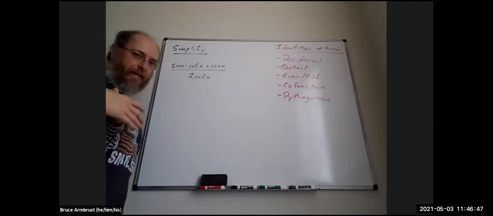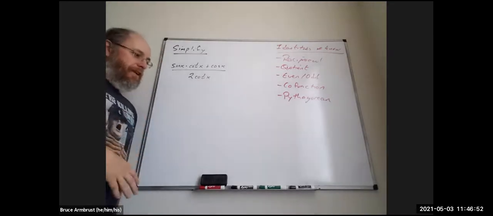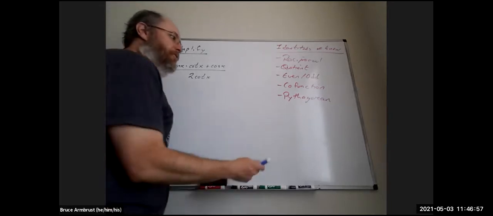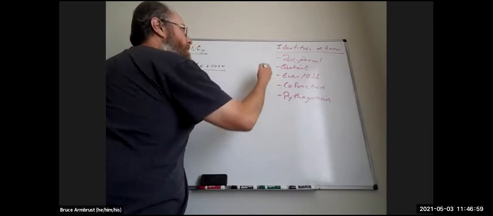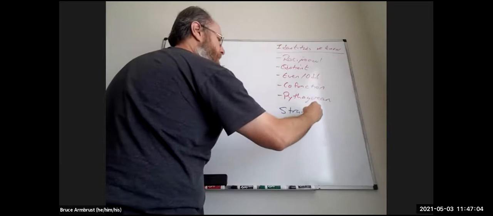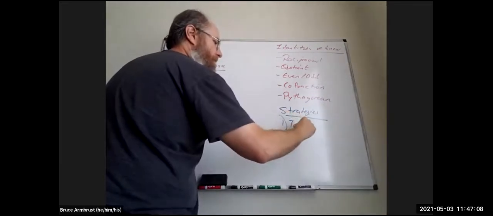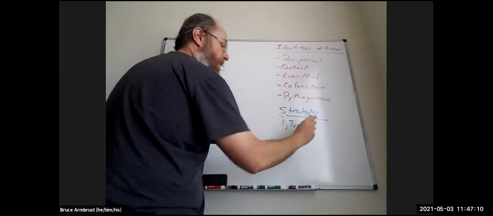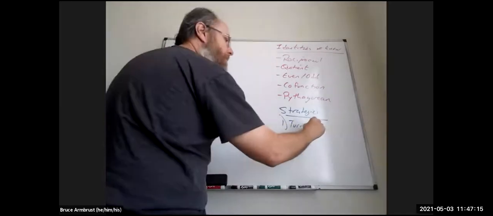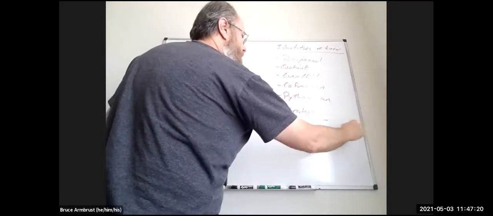Now, in terms of dealing with these and simplifying, let me give you a list of strategies that we can use. The first thing that's always useful, if you've got no other idea, if you're like, man, I don't even know where to start, turn everything into sine and cosine.